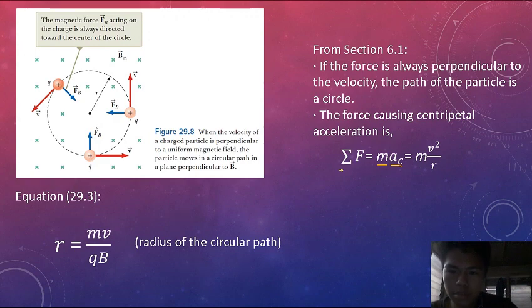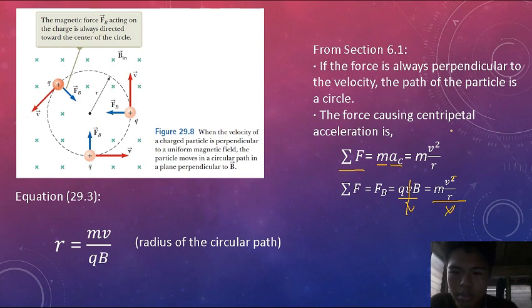So since you have a summation of force, it can also be equal to magnetic force, in which magnetic force is, going back sa our equation 1, is charge times velocity times magnetic field. And we can divide this by velocity para makancel yung velocity natin dito.